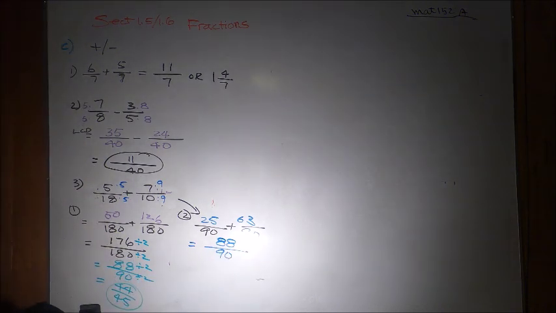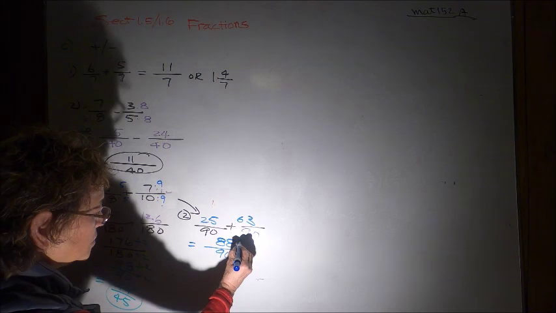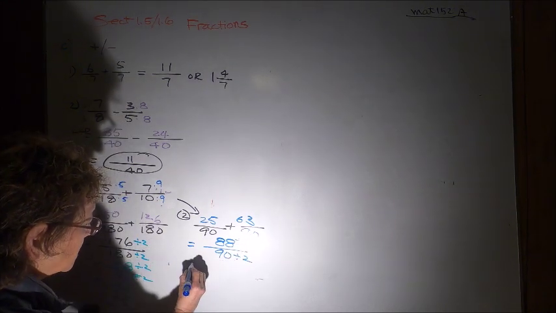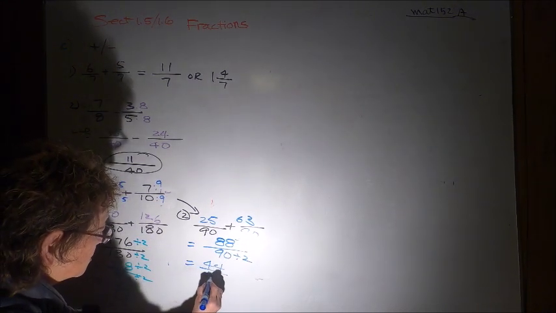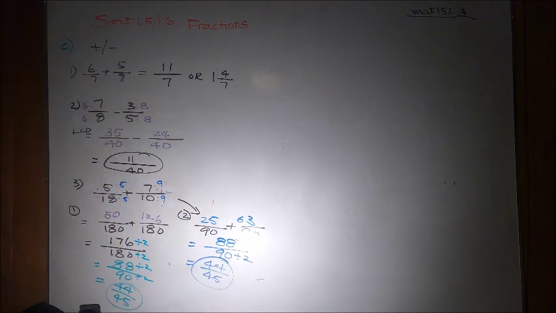Still, we need to make it simpler. So we can divide it by 2. It ends up 44 over 45. Are they the same? Which one looks simpler? The second one, right? How come?